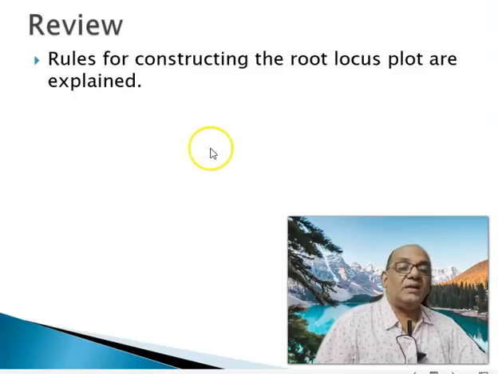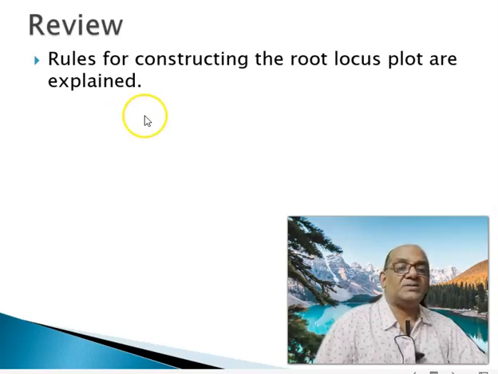We have seen that root locus is the way in which the roots move in the S-plane as one particular parameter, which we call gain, is varied from 0 to infinity, that is, very small values to very large values.